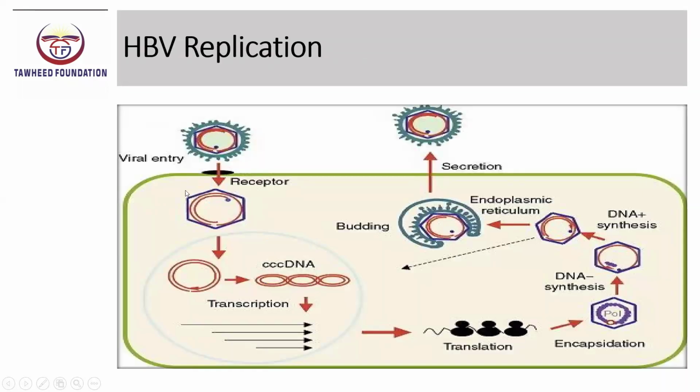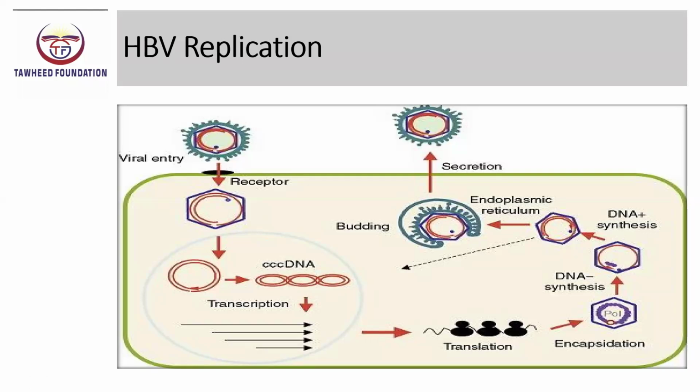HBV replication. This diagram depicts the life cycle of a DNA virus inside a host cell, showing the steps from viral entry to the release of new viral particles. Viral entry: the virus first attaches to a receptor on the host cell surface and enters the cell.